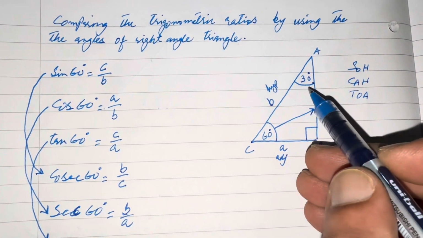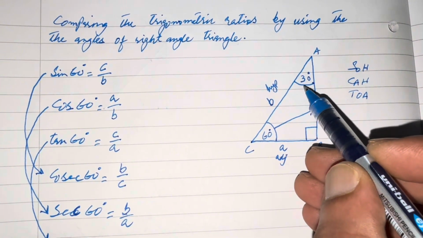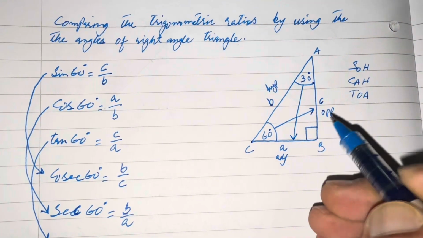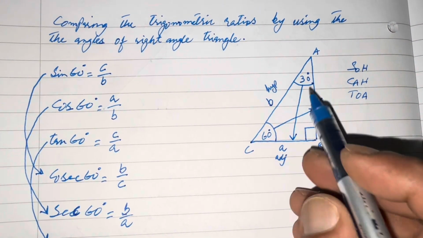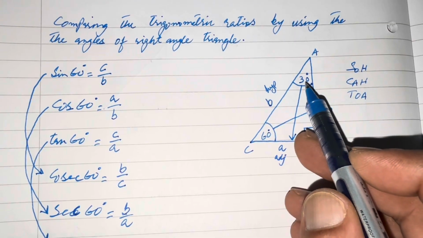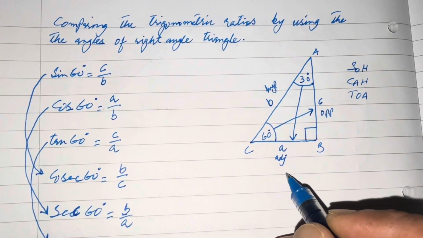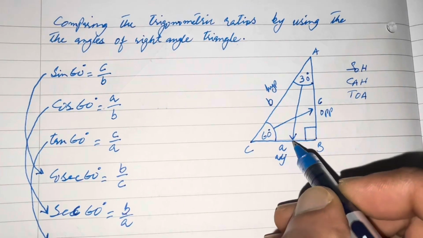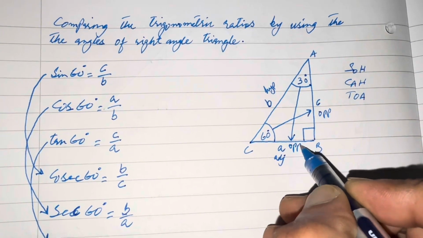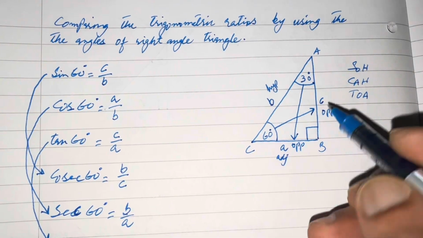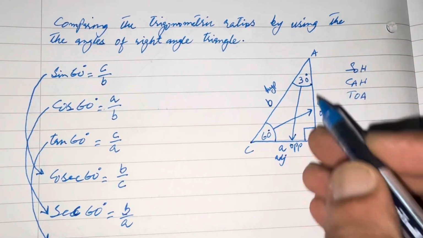So when we talk about the angle 30, the opposite side will be this one. If we take the angle 30 with the trigonometric ratios, the side BC will be opposite, and the adjacent side will be AB.